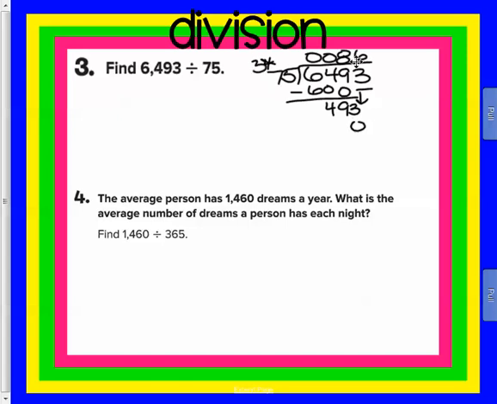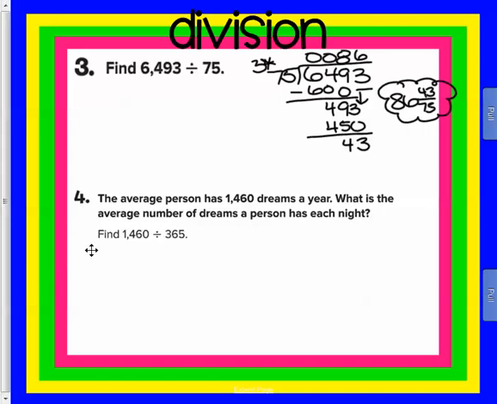So bring my 3 over. 6 times 7, and we get 42, plus the 3 is 45. And we're left with 3 here and 4 here, so 43 remaining. So our answer is 86 and 43 75ths.